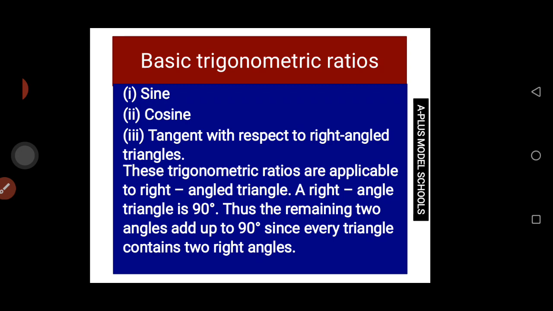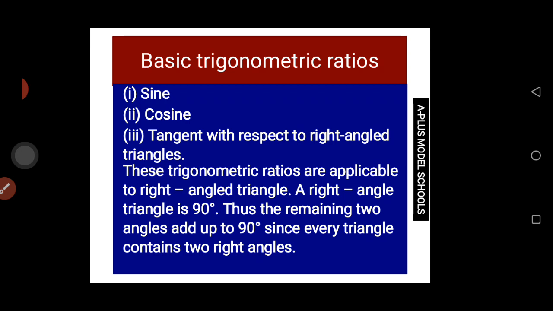So when a triangle has one angle that is 90 degrees, such a triangle is said to be a right-angled triangle. Thus, the remaining two angles add up to 90 degrees. So the sum of the two opposite angles of a right-angle triangle will also give us 90 degrees.